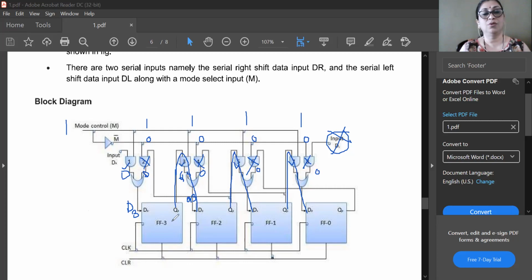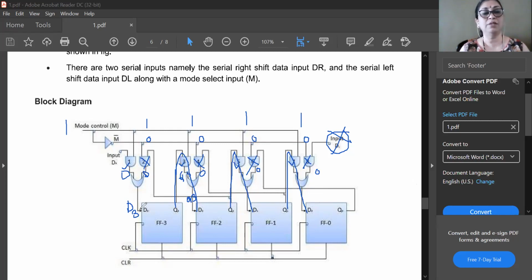As we are applying input from this side, if we apply a clock pulse, the data will be shifted to the right due to this connection. Q3 is provided as input to Q2. During the first clock cycle, the output will be D3, D2, D1, D0.